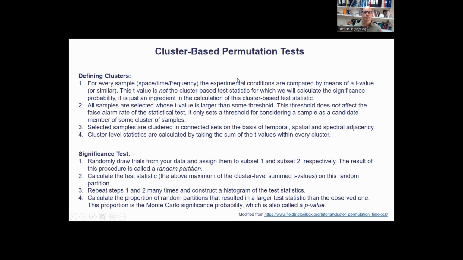For every sample, you first of all need some metric that compares conditions or tests your condition against zero. That's often a t-value. So this is still at the single sample level. And it's important to highlight this is not the cluster-based test metric. So this is not related to the metric that you're going to use to check for cluster level significance later.